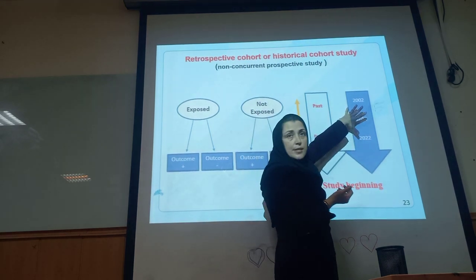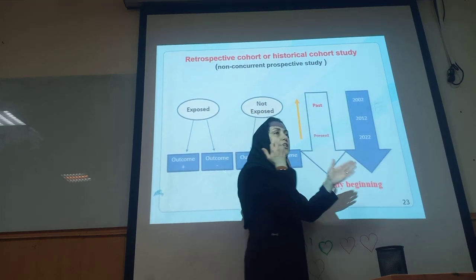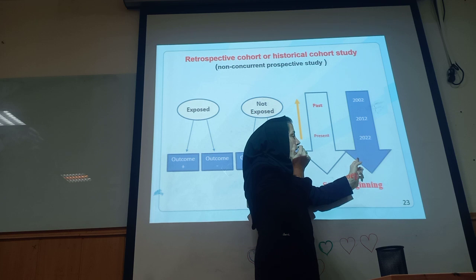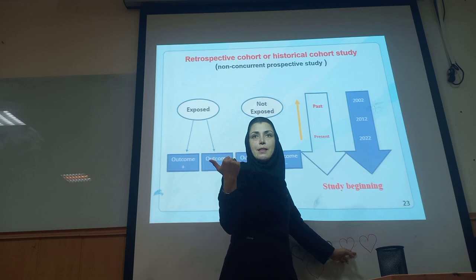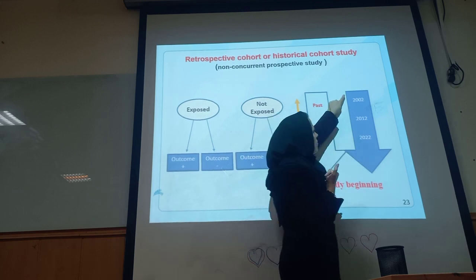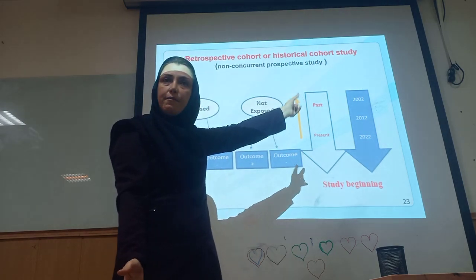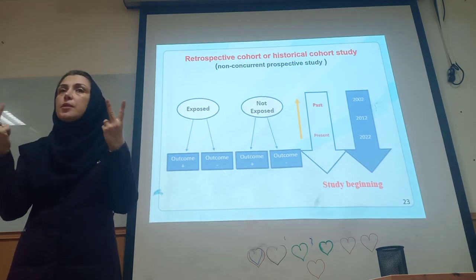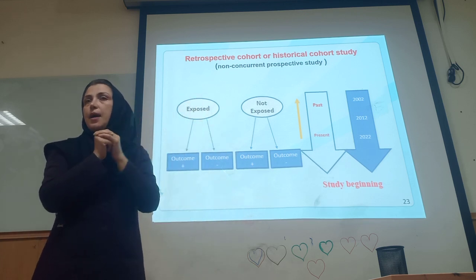So, 20 years are between exposure and outcome. Instead of designing a new study in which I can access the smoking here, and 20 years later assess the lung cancer, here we assess the lung cancer and use the exposure from 20 years ago. It is retrospective. That was prospective. Both of them have time. So, incidence can be calculated in both designs.